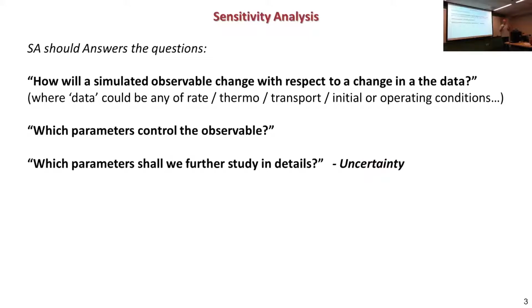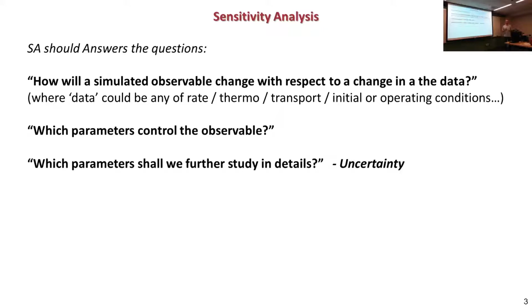It's not my choice to change it or to determine its value. Of course, it's physical, it has only one true value. Because we have uncertainty, we're allowed to change it, and we're also always allowed to change it in a simulation just to see how it affects our observable. Because we don't know the true physical value, we would like to examine whether it's worth studying that parameter in depth.